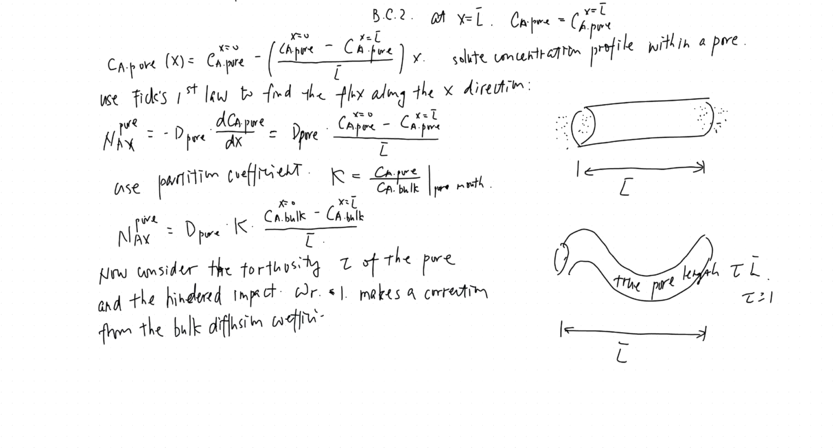DAB is the bulk. So when we say D_p, we actually mean DAB multiplied by omega r.